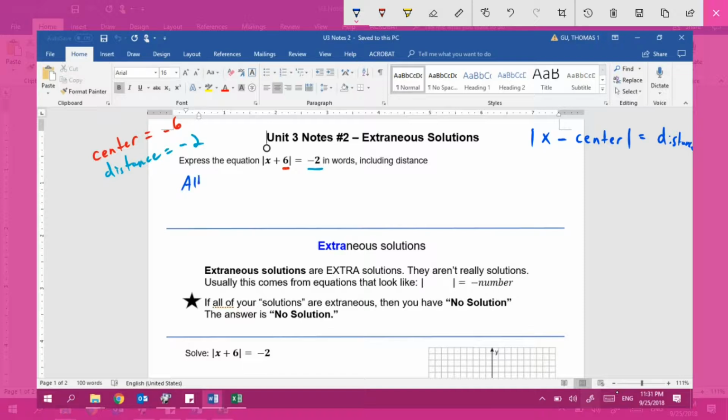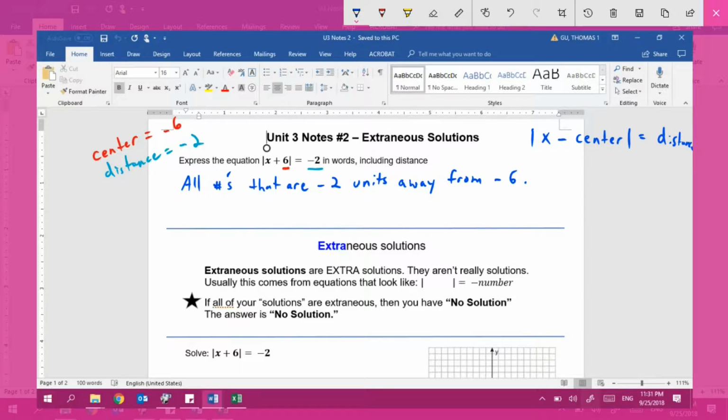All numbers, because that's the x, all numbers that are -2 units away from -6. That's what we're saying, right? Because our center is -6. So all of the numbers that are -2 units, our distance, away from -6 would be our answer, or x.